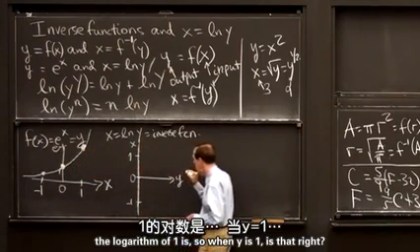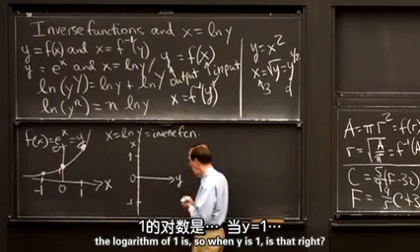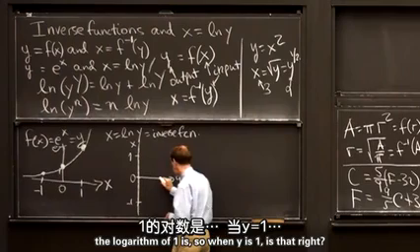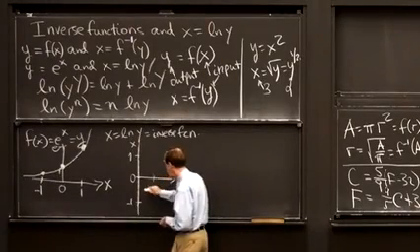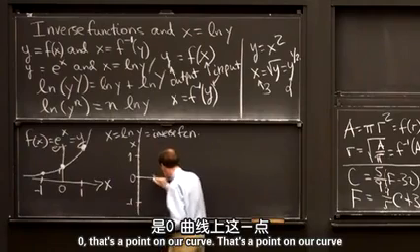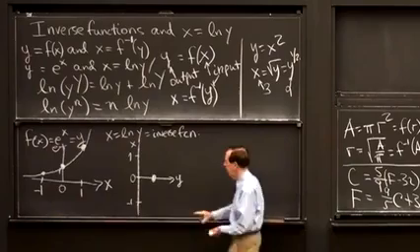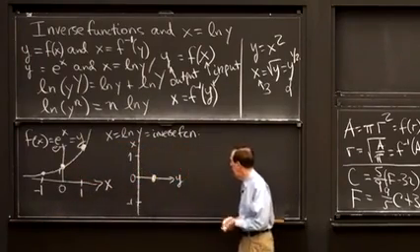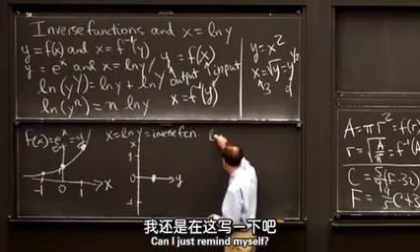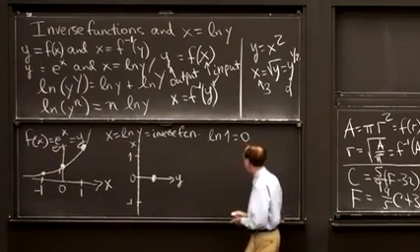The logarithm of 1 is, so when y is 1, is that right? Logarithm of 1, let's put in that 1. The logarithm of 1 is 0. That's a point on our curve. This point flips down to this point. Can I just remind myself, because you saw me hesitating, that the log of 1 is 0.